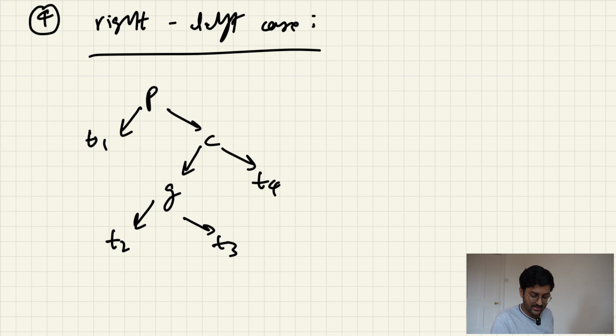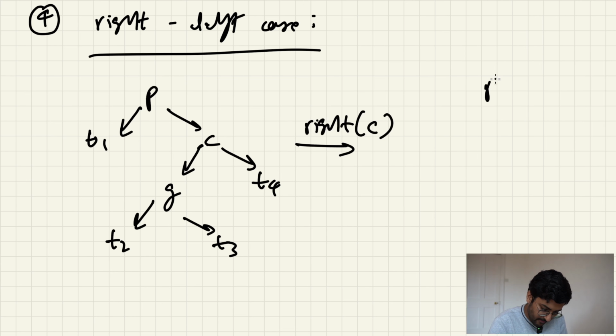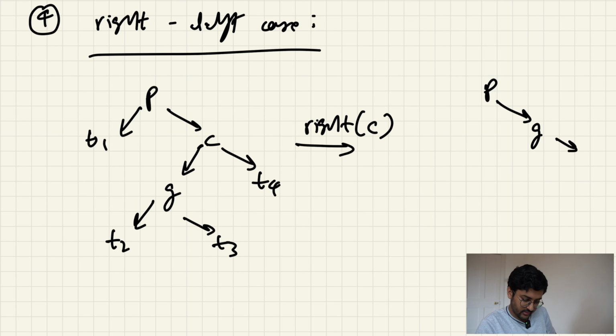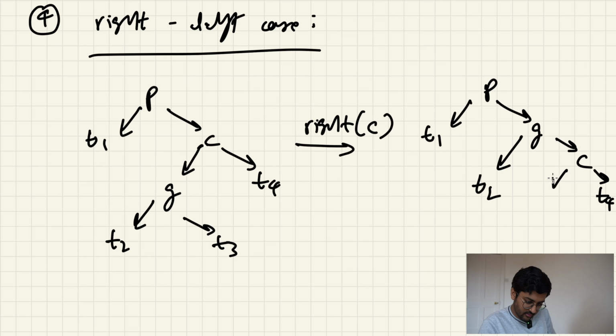So I have to make it in one single line. I will start from the bottom up. So this one I will see C, and I'm going to right rotate on C. This will become G, and C will come over here, T4, T2, T1, T3.